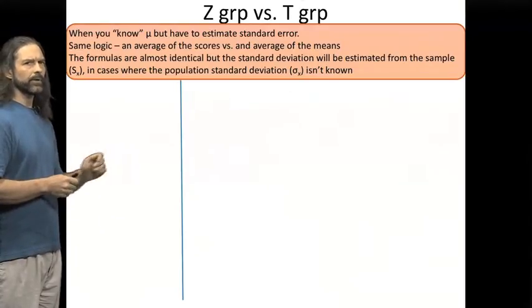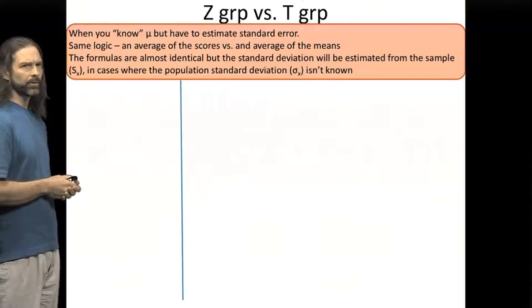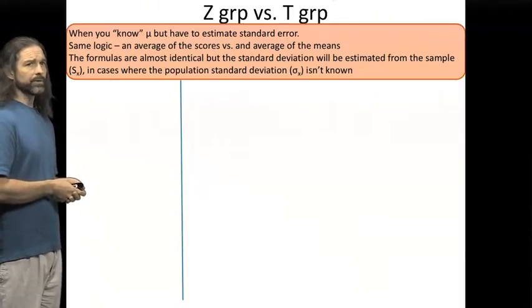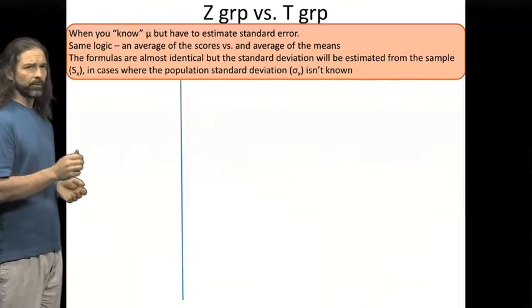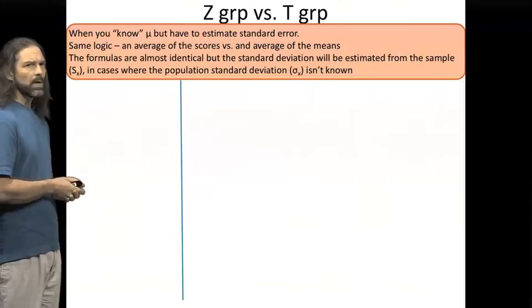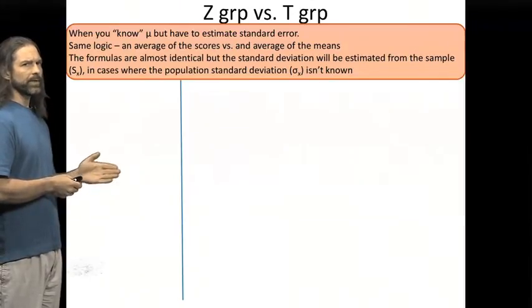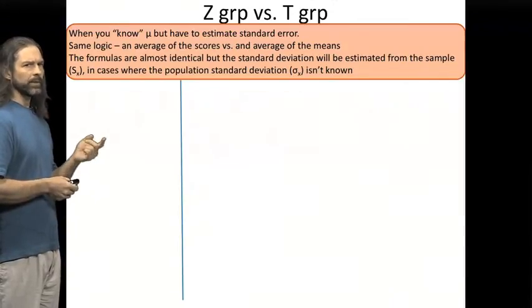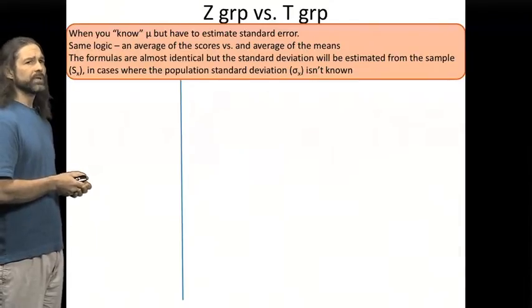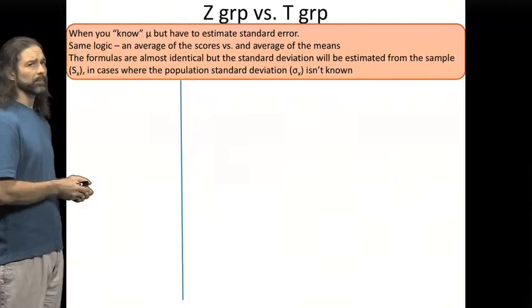If you learned and understood how to do a one-group z-test, a one-group t-test is virtually identical. We are just in some parts of the formula dealing with population and in other parts dealing a bit more with samples. So what does this mean? With a z-test for a group, we knew the population mu, the average for the population. We also knew the standard deviation for a population.